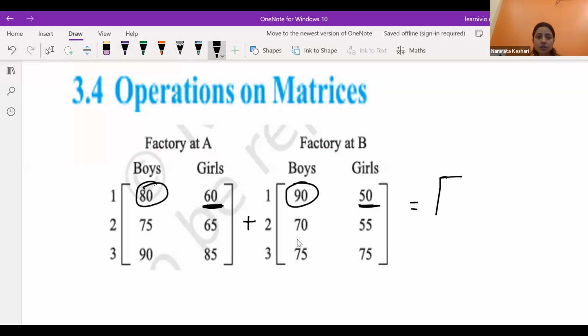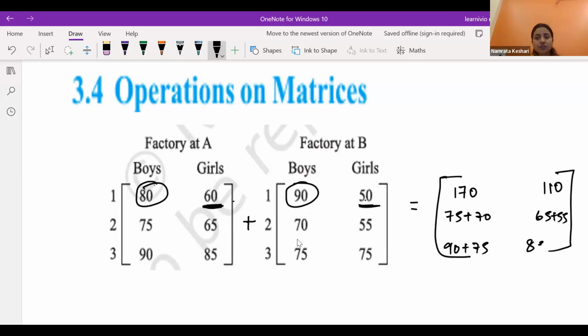So 80 plus 90, 170. 60 plus 50, 110. 70 plus 75, 145. 65, 55, 90 with 75, and 85 with 75 will be added.